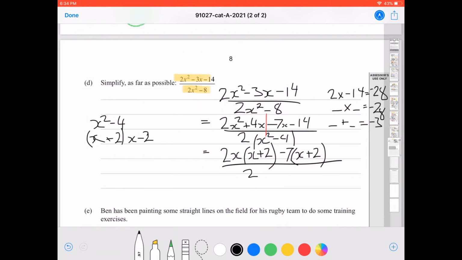It is useful if you can recognize this. So, for example, you might have x squared minus any square number, I don't know, 64, 81, 49. This one would be x plus 8 and x minus 8. But we've got x plus 2 and x minus 2.